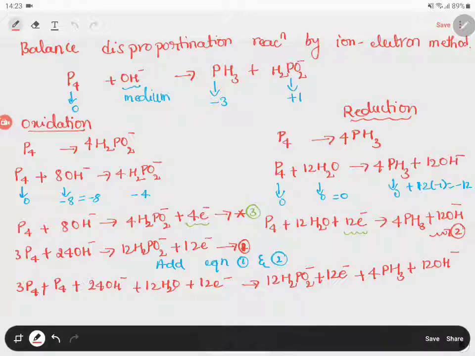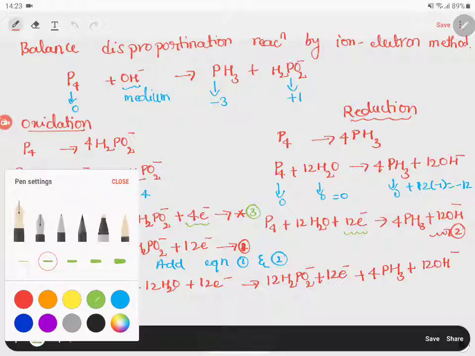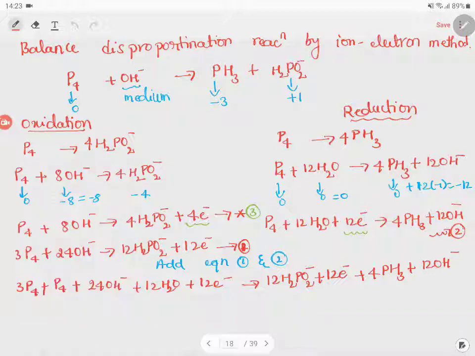Now look at the equation and try to cancel the common factors. The common factor is 12 electron and 12 electron. That's the first thing. And look at the OH minus. There are 24 OH and 12 OH minus.